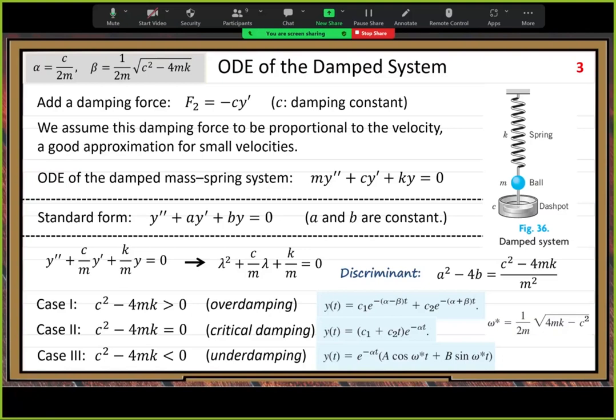The reason we introduce the omega star notation is to eliminate i in the expression. Capital A and capital B are constants to be determined, just like little c1, c2 in the general solution.